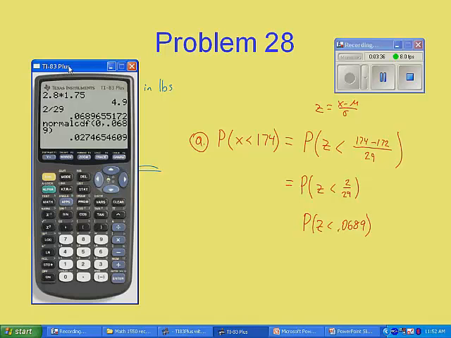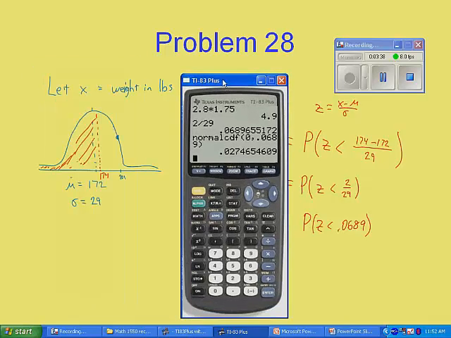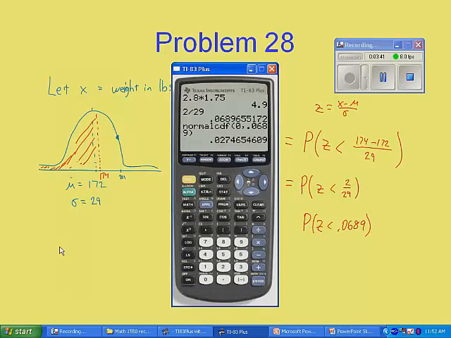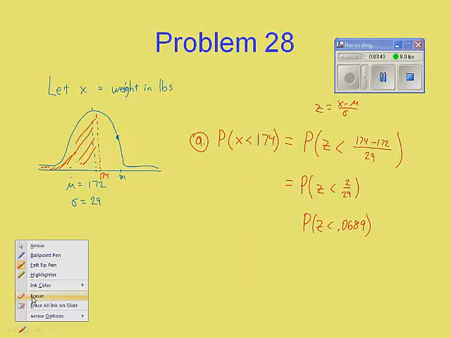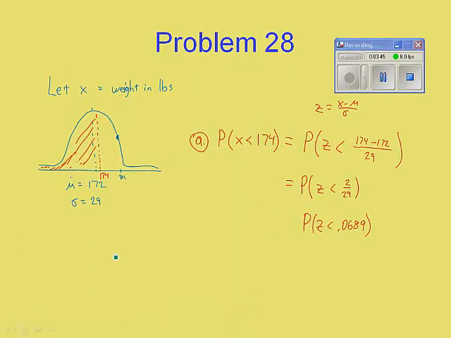And it says 0.027. Now, what is it that I just found? I don't have the picture, but basically I found this percentage in green.